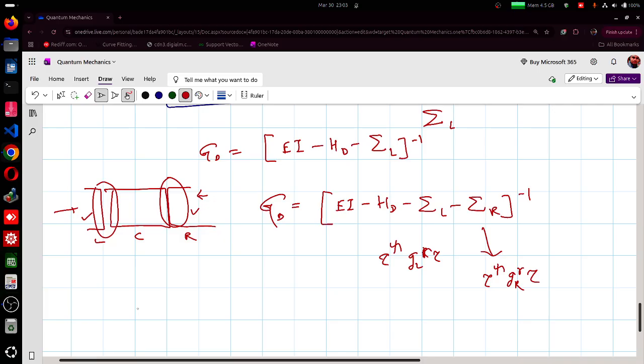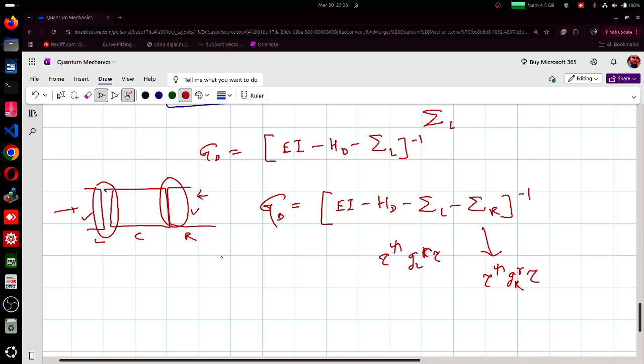Now again, the self energy contribution is something tricky. Why? Because here also the self energy corresponds to the infinite portion, right? So to take this infinite portion into account, we consider only nearest neighbor conduction.